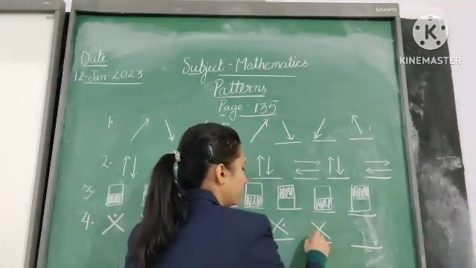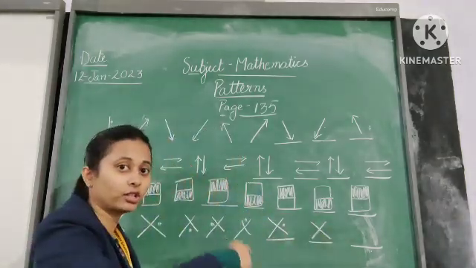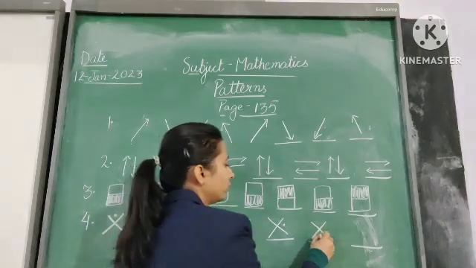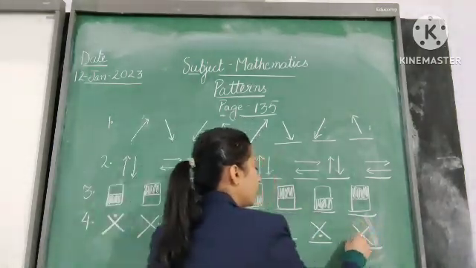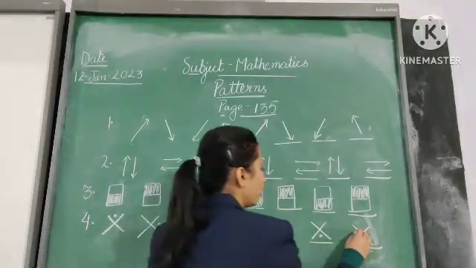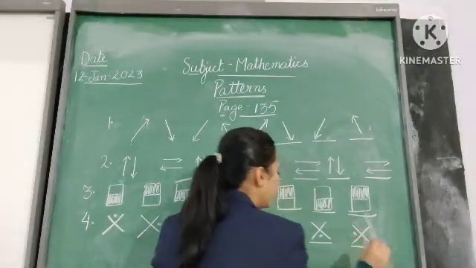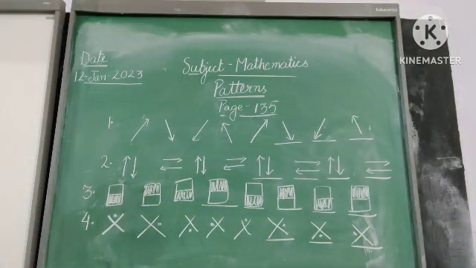The next X, following the clockwise direction, this dot will move to the bottom part. Then again, for the last X, this dot will come to the left part. I hope this is clear to you all.